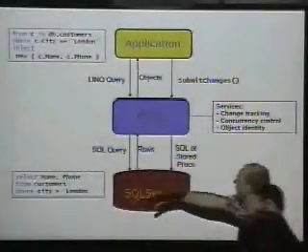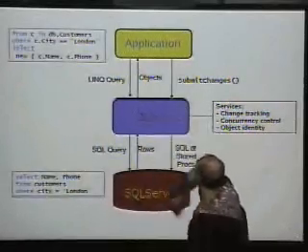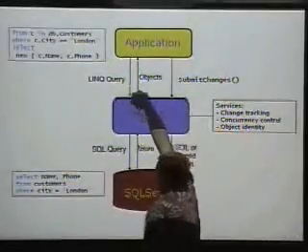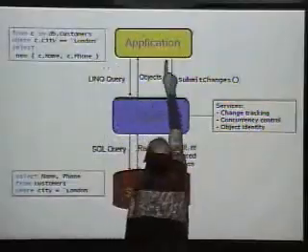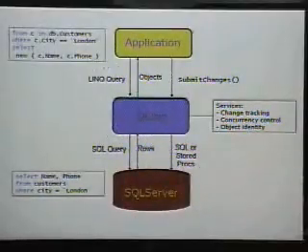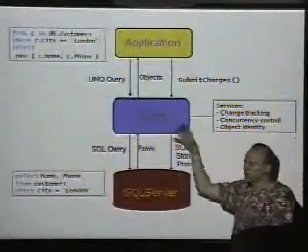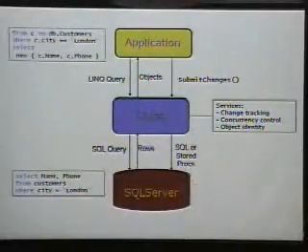Then it's executed here, you send back your rows, and then, because we know all the types, we can create all these objects. And then in the middle here is some infrastructure that's kind of typical. Look at any OR mapping, Hibernate, Enterprise Java Beans, which does things like change tracking.